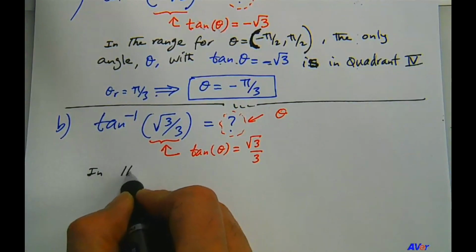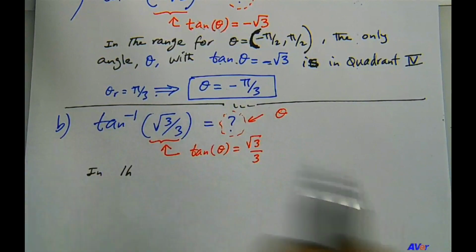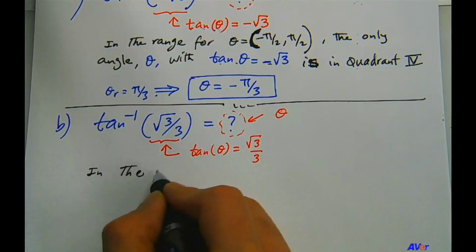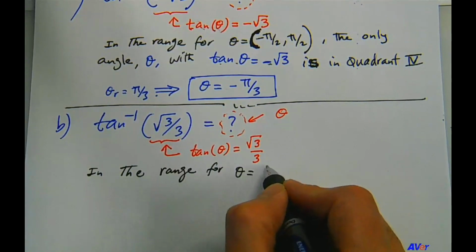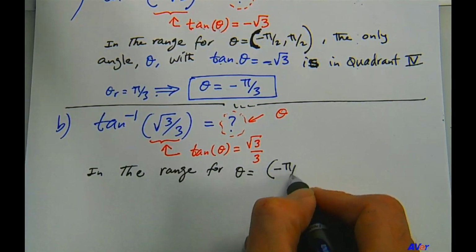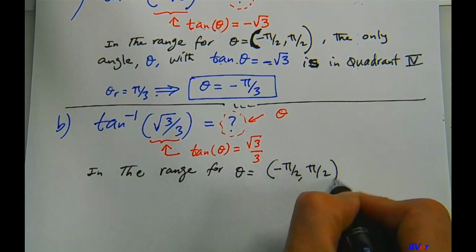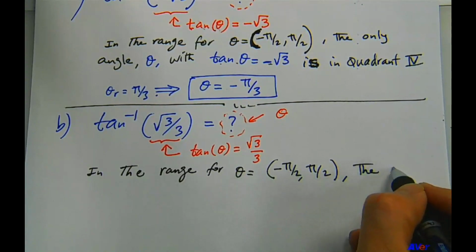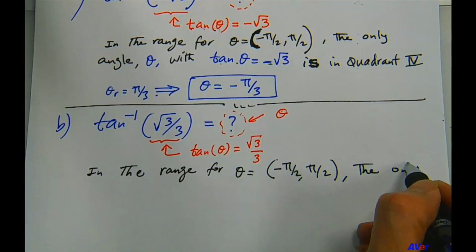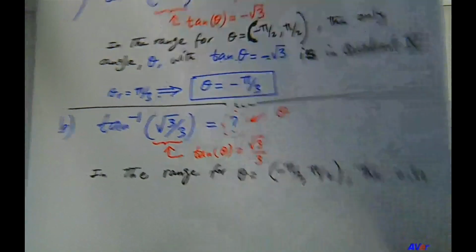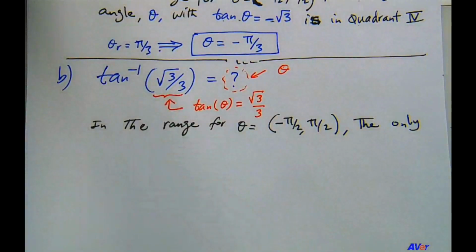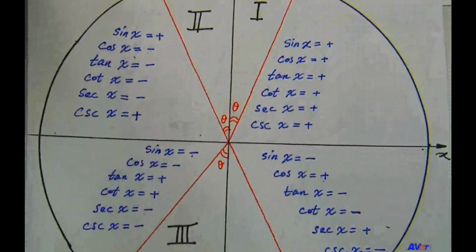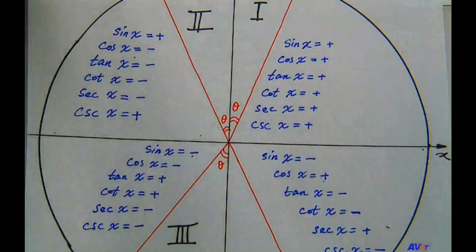So let's write down again, in that range where theta is allowed to vary, theta in the interval negative pi over 2 comma pi over 2. Notice this is positive, right? For the inverse tangent, we can either be in the first quadrant or the fourth quadrant.